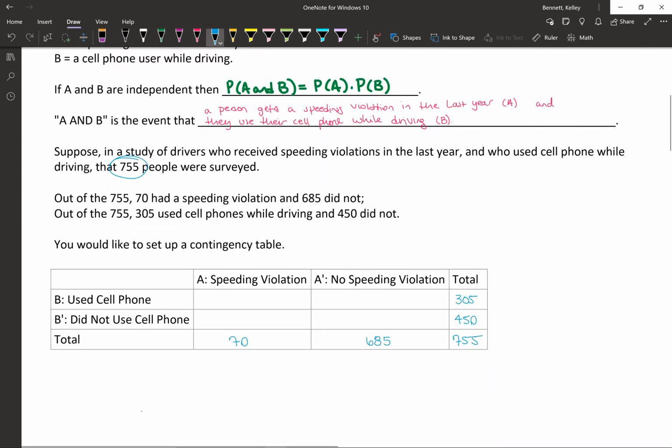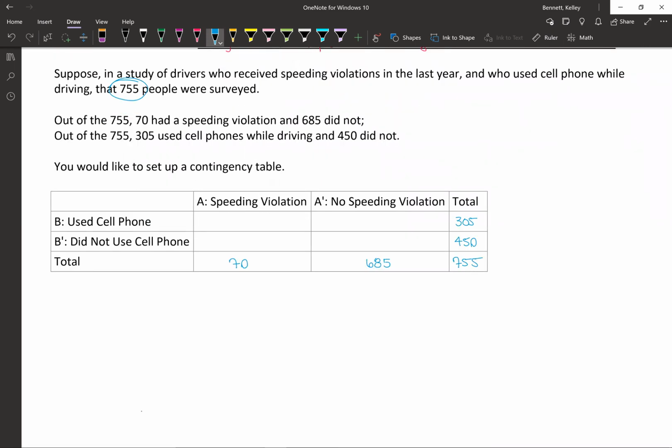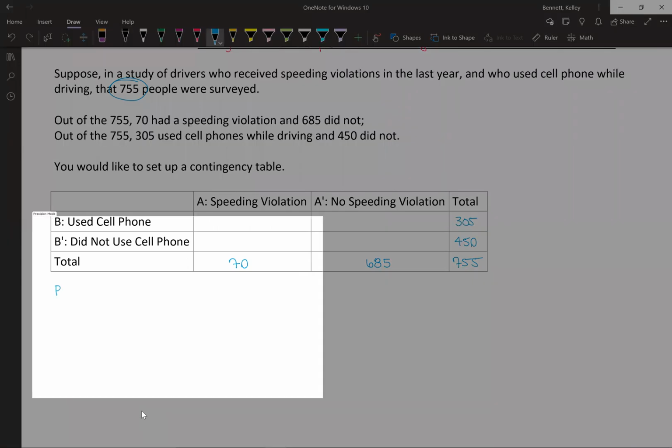We're well on our way. And what I want to do is see if I can figure out these 4 values here. These would be my expected values based on the supposition that A and B are independent events. So remember that the probability of A and B, if they really are independent, should equal the probability of A times the probability of B. So the probability that A occurs is 70 out of 755, right?